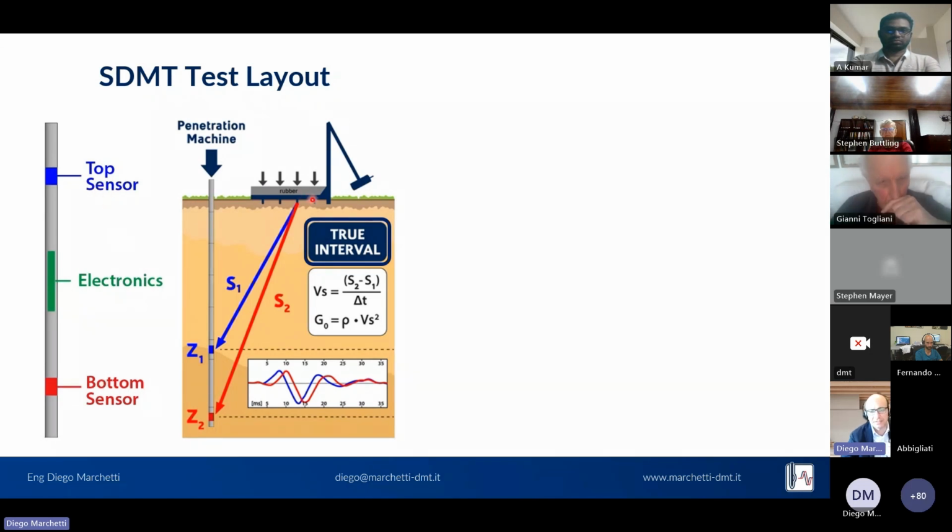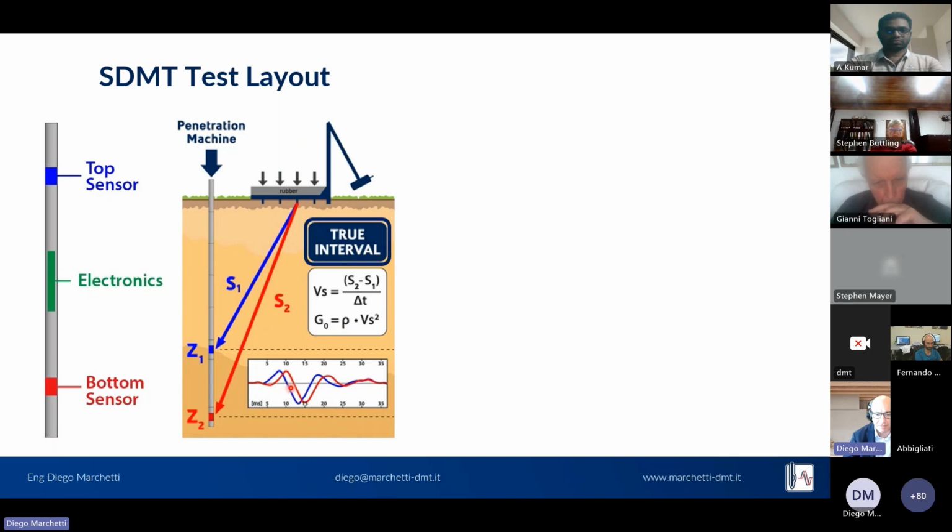At surface, it is necessary to generate the shear wave using a hammer hitting a shear beam and generating a shear wave that will travel at depth and arrive to the top sensor and then to the lower sensor. The electronic board will amplify the signals at depth, digitize them, and send them at surface so that the user will see the seismograms real time.